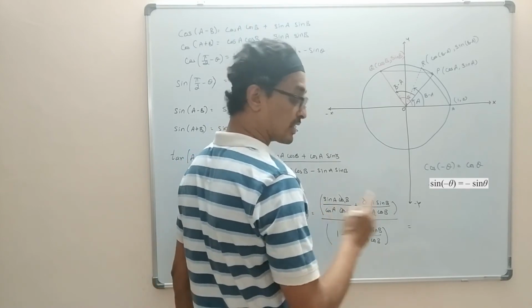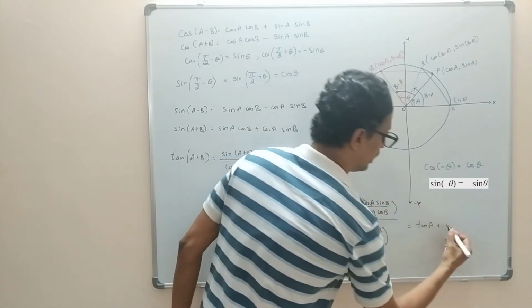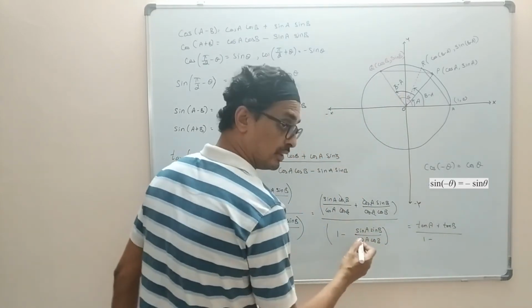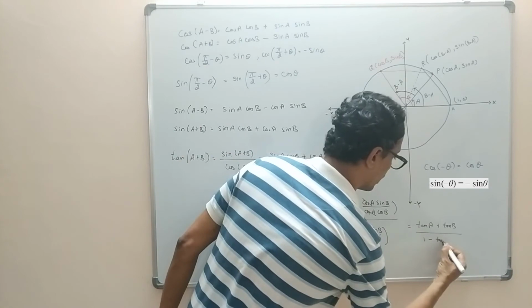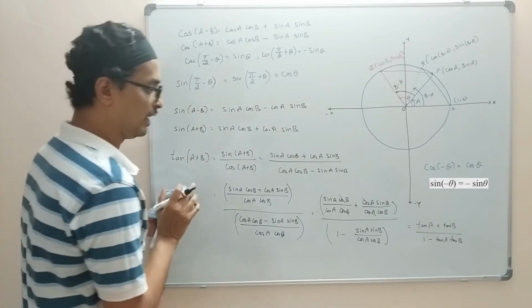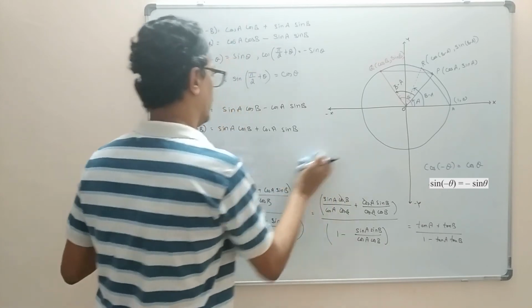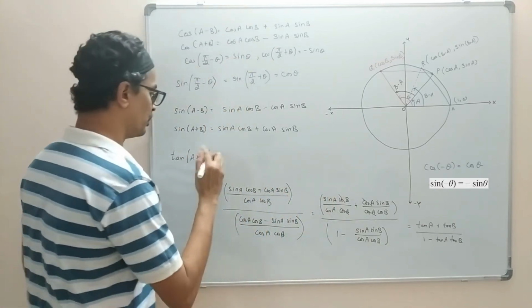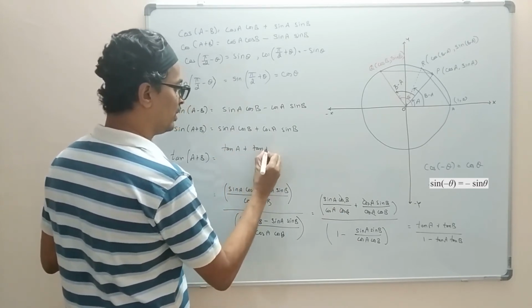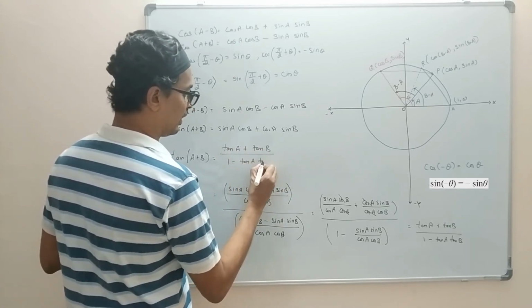Therefore sine A by cos A is tan A plus tan B divided by 1 minus tan A tan B. Therefore tan (A plus B) is equal to tan A plus tan B divided by 1 minus tan A tan B.